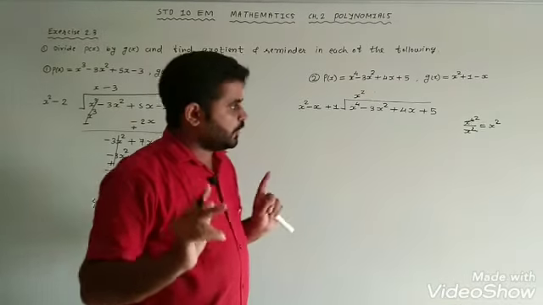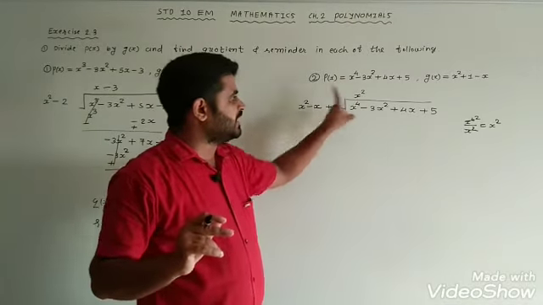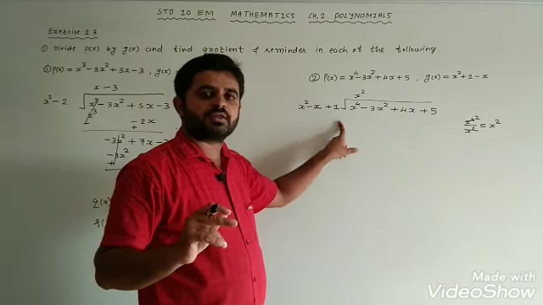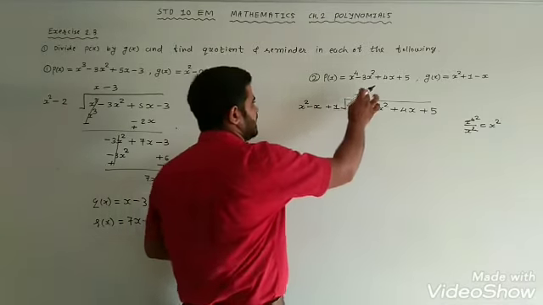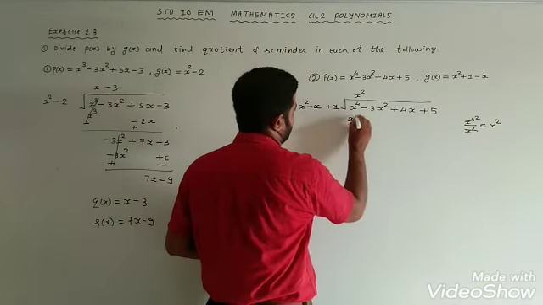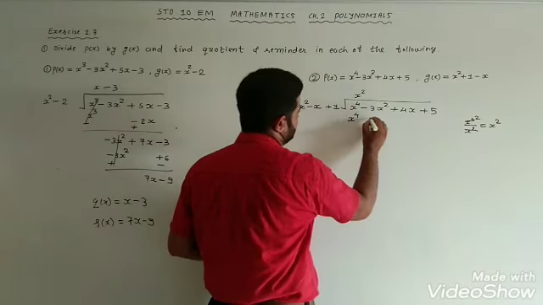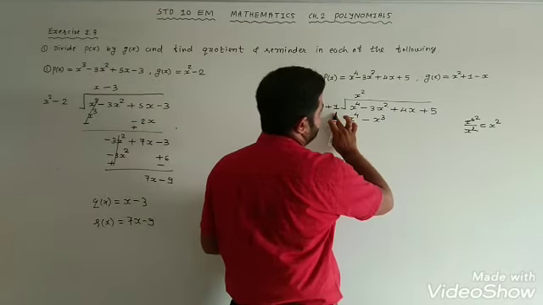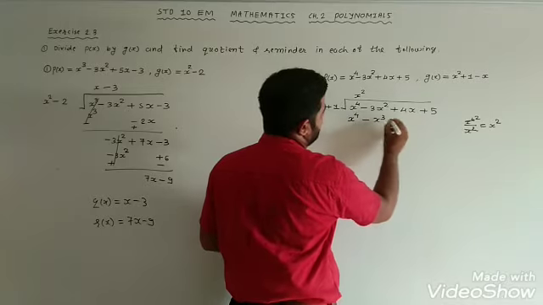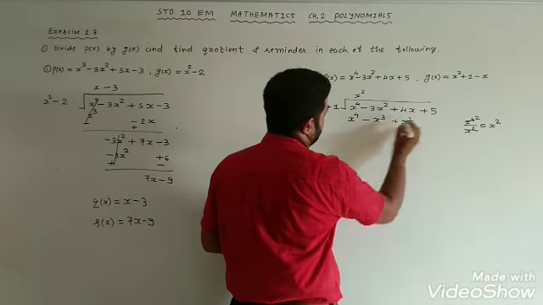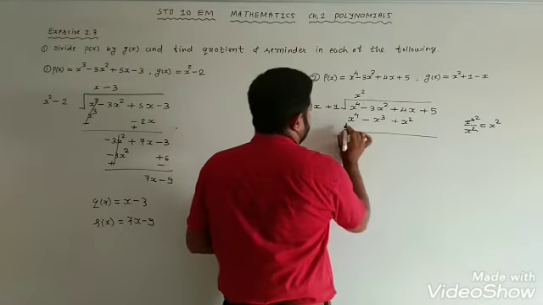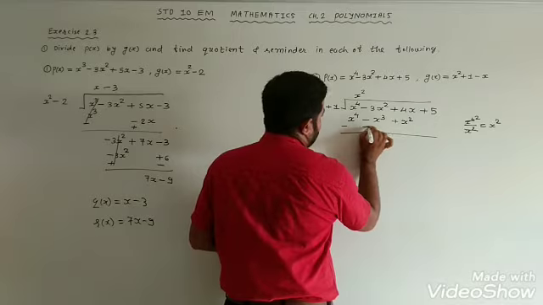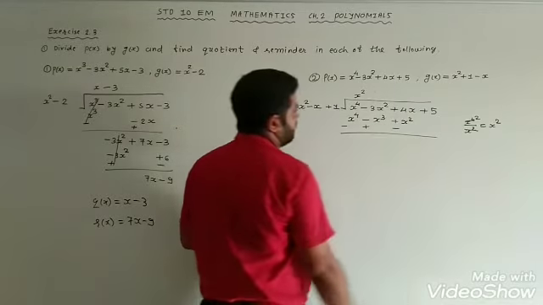Any doubt? Okay, now x square is multiplied with whole g of x. So let's start. X square into x square, x raised to 4, x square into x cube, but minus x cube, x square into 1, x square. Now here is minus, here is plus, and here is minus.